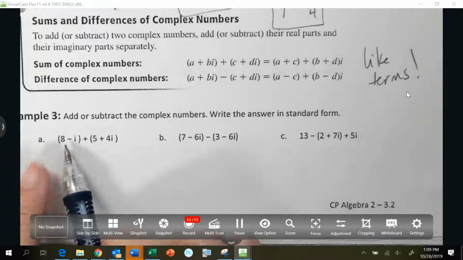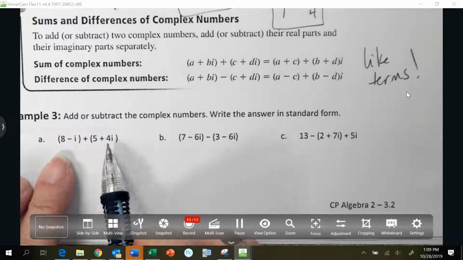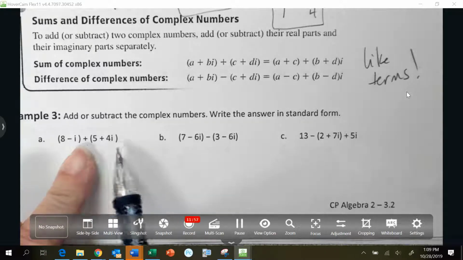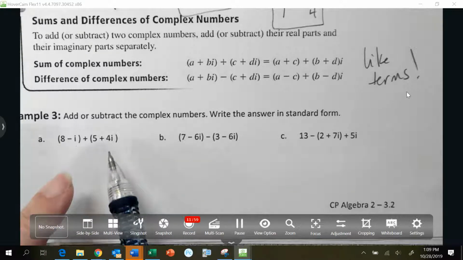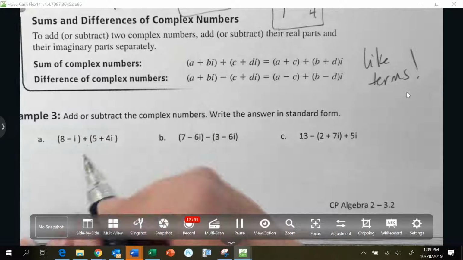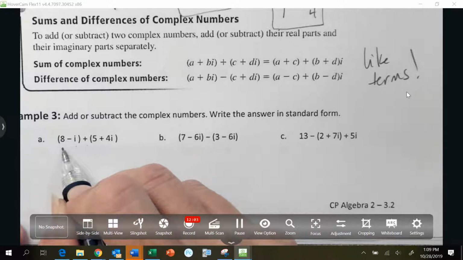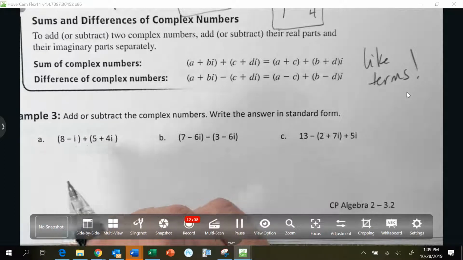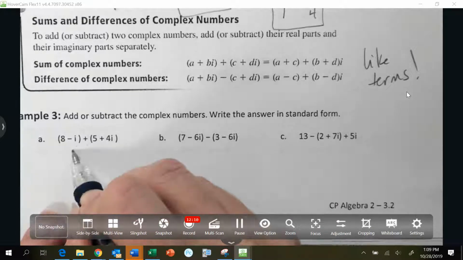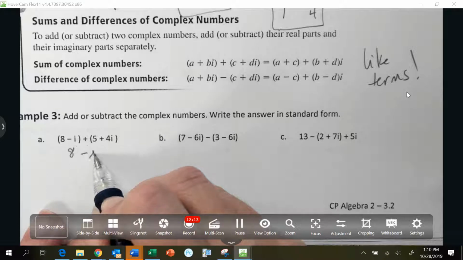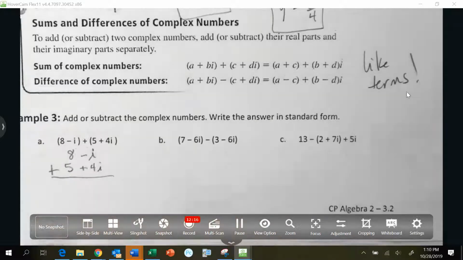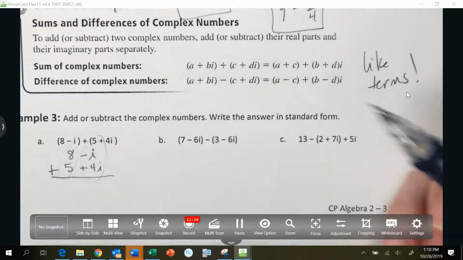If I have 8 minus i plus 5 plus 4i, if I'm adding, do I have to change any signs? No. So do I need these parentheses? I do not. I can add it this way, horizontally by combining like terms, or we can reorder it vertically so that the same parts are in lines.